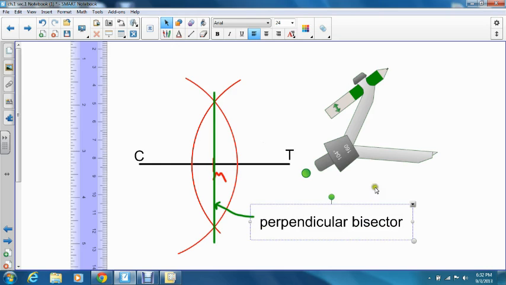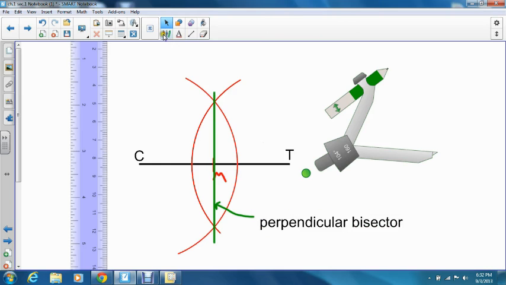All that the perpendicular bisector means is that I have a right angle right there. That lets us know that it's perpendicular. And it bisects it, which means it cuts this segment, CT, into two congruent pieces, CM and MT. Okay, so this one construction gives us two things. It gives us the midpoint. It also allows us to draw something called a perpendicular bisector.